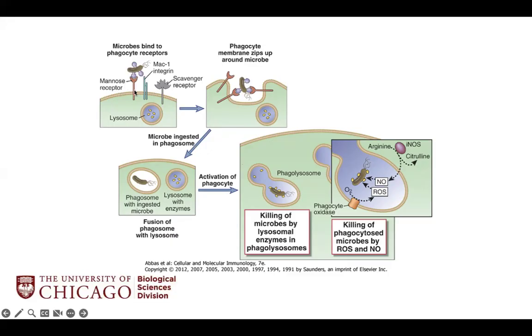It is using pattern recognition receptors on the outside to recognize the microbe. It's not the microbe itself, but the pattern on the outside of the microbe that it is recognizing, so then it will engulf it and form a phagosome. The phagosome here on the left will then bind to a lysosome to get a phagolysosome. And once you have a phagolysosome, this phagocyte oxidase will generate reactive oxygen species to kill that microbe within the cell.